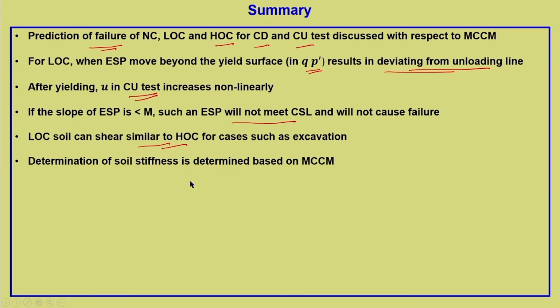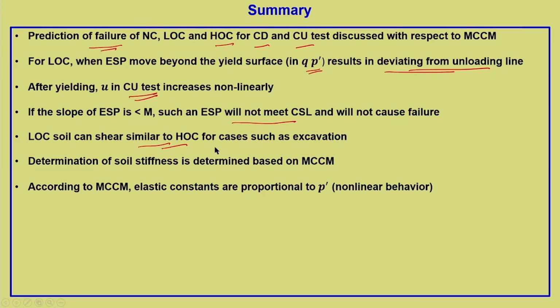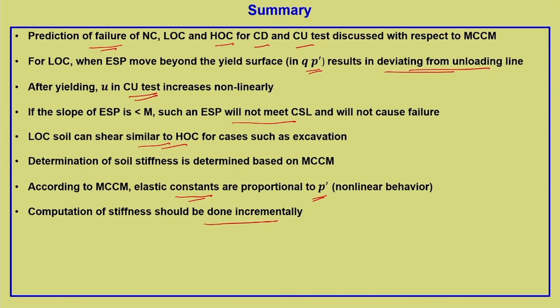Determination of soil stiffness was discussed based on MCCM. According to MCCM, elastic constants are proportional to p dash. Computation of stiffness should be done incrementally. Even though there is an equation, it does not mean that it gives a particular constant value.